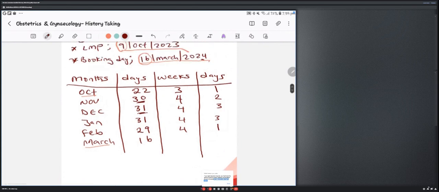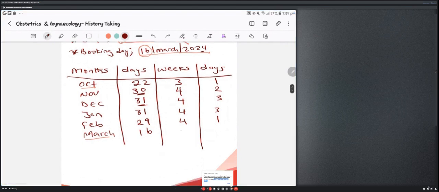If it was 2023 February, then it would be 4 here and then 0 here. Hope you know the reason. Because here will be 28, isn't it? Yes. Exactly. So that's why we'll have 4 weeks, 1 day for this February. And then this 16, we'll have how many weeks in it? 2 weeks, 2 days.